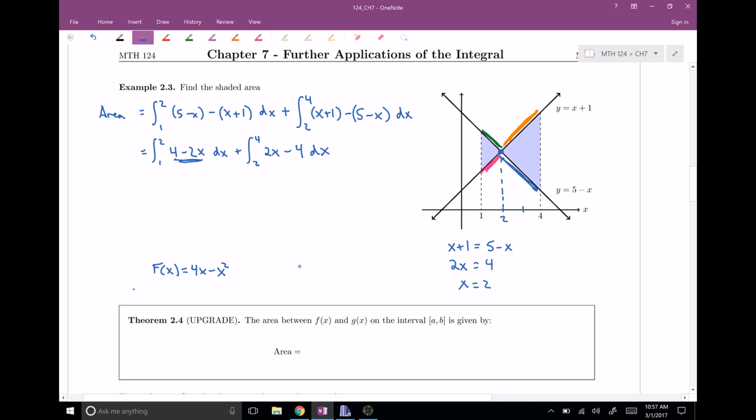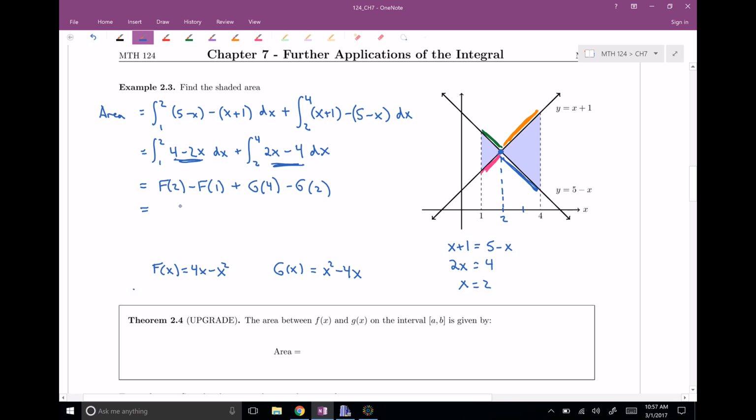And then this one over here, this is going to be maybe g. So capital G, an antiderivative, will be x squared minus 4x. So according to the fundamental theorem of calculus, this is going to be F of 2 minus F of 1. And then over here, this is going to be G of 4 minus G of 2.